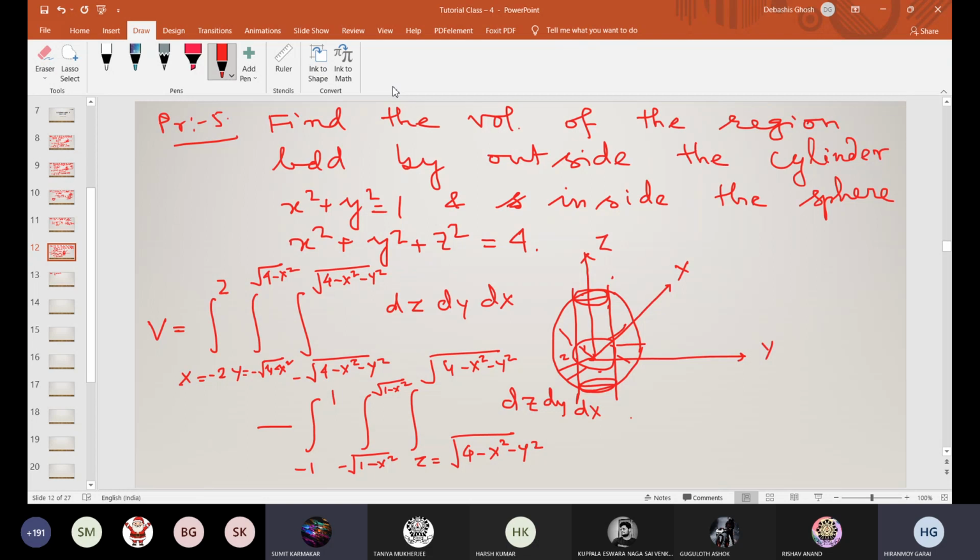We are not considering the inner portion of the cylinder. So then why are the limits like this? We are considering here the inner portion of the cylinder that we are subtracting from this one. Then only you get the outer side. This is your inner portion. That's right. We have to consider that.